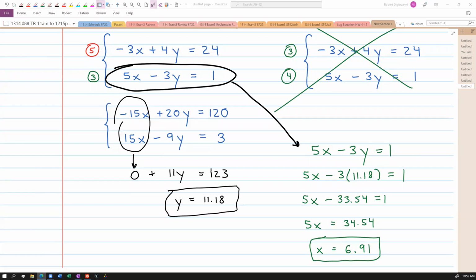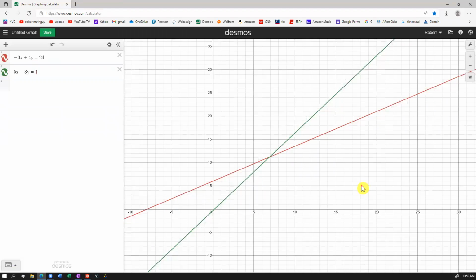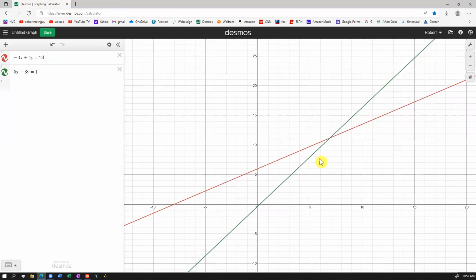And then the other equation was 5x minus 3y equals 1. Here's the picture. You can see they obviously hit each other, and they hit at 6.909 and 11.182. So we got it.